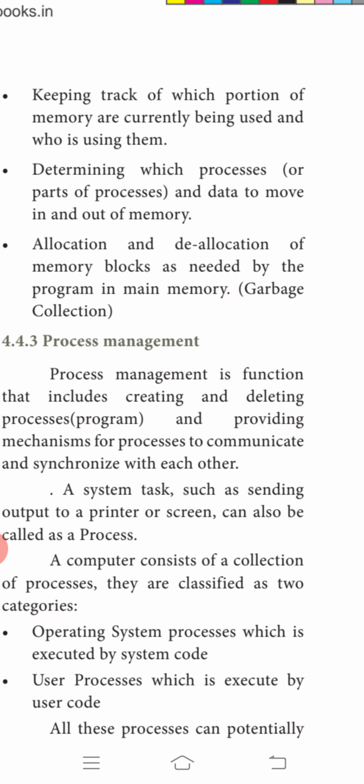So the first point is tracking which portion is being used and by whom. The second is determining which data to include and which to take out. The third is which blocks to allocate and deallocate. These are the memory management functions of the OS.